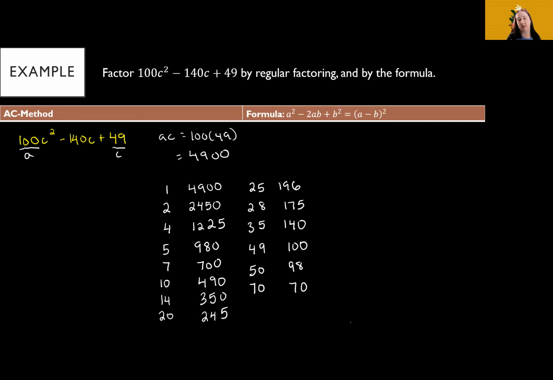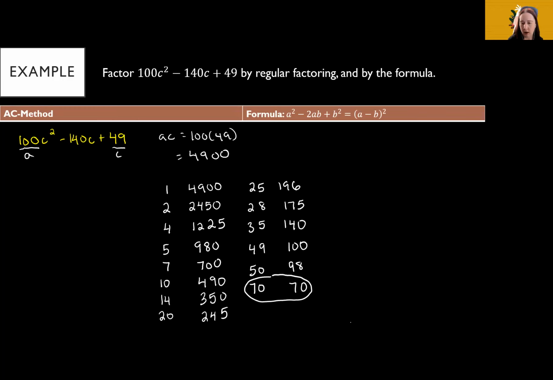So 70 times 70 is 4,900. I've now checked every possible combination because the square root is 70. And then 70 plus 70 gives me 140. So that is finally the combination that we were looking for here. And that is what we're going to use for our AC method.